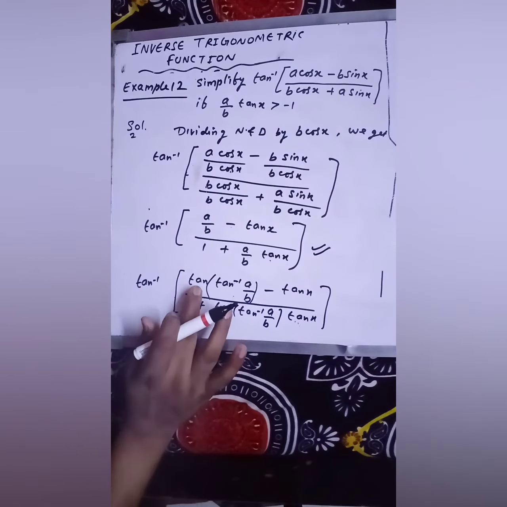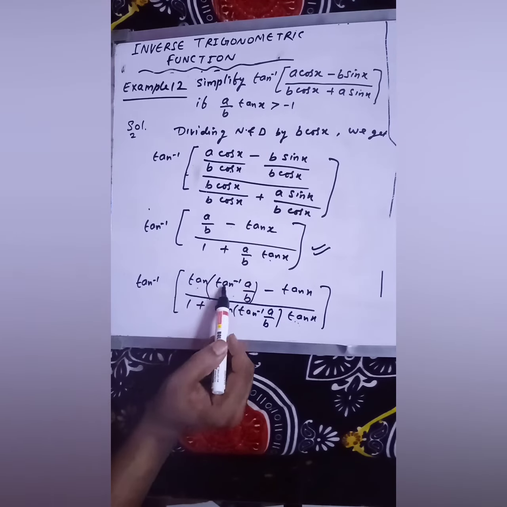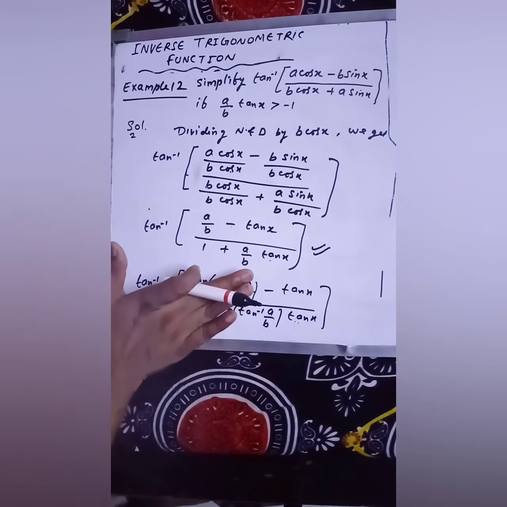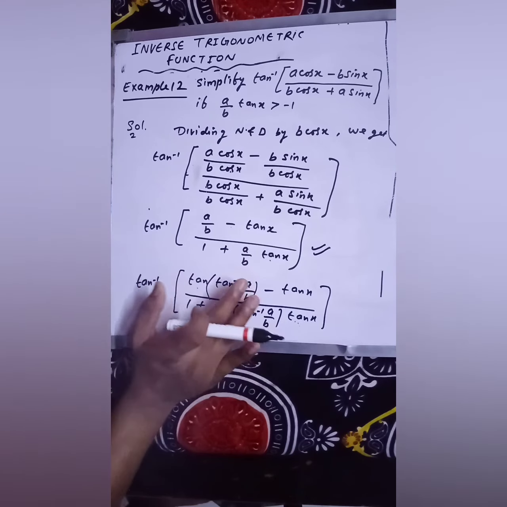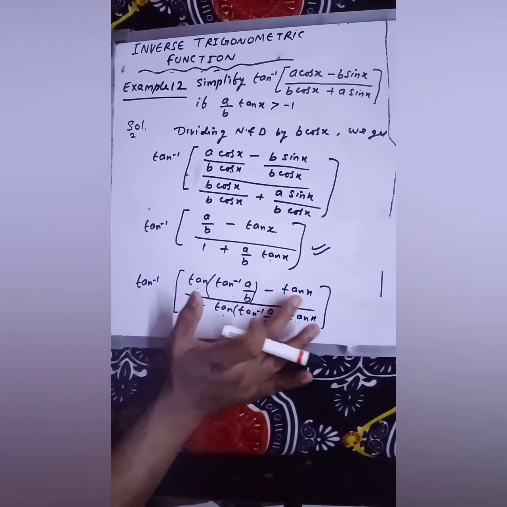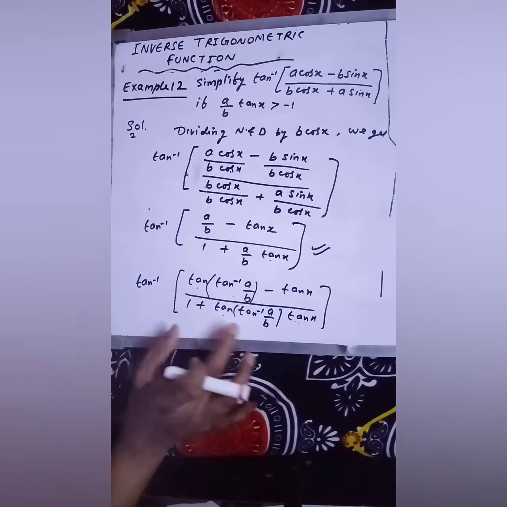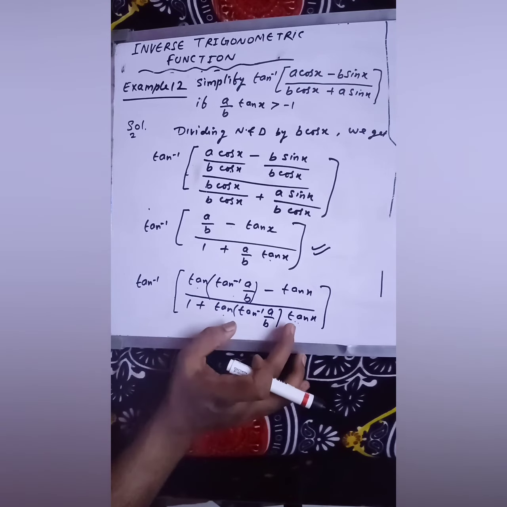Now you can see this tan inverse a by b, you can assume that is your y. So this is tan y minus tan x upon 1 plus tan y tan x.